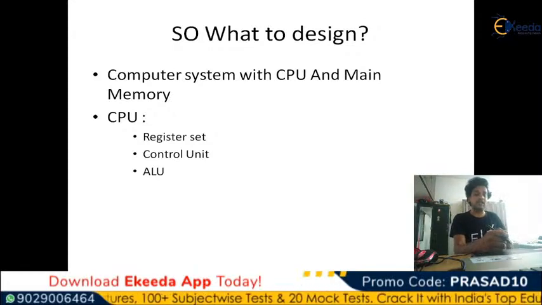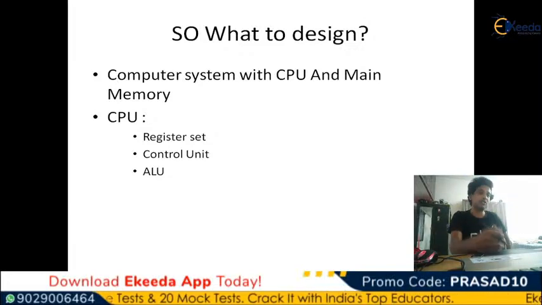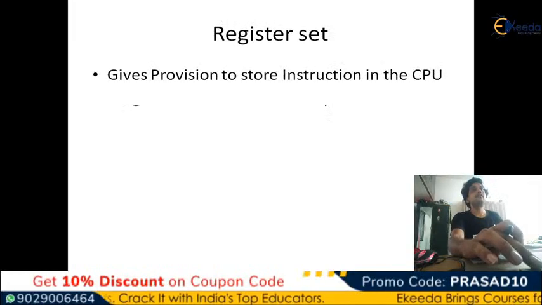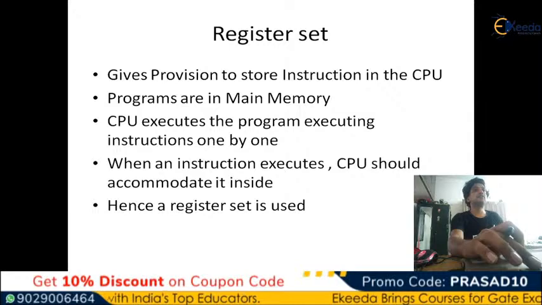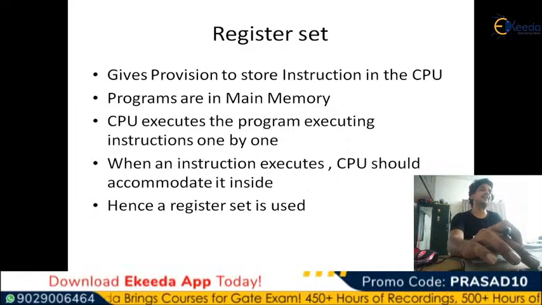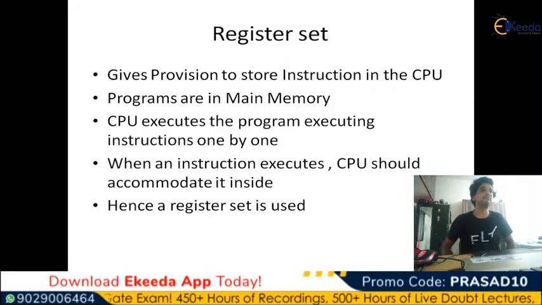Finally, the ALU is going to perform either an arithmetic operation or a logical operation. As you know, the register set is going to provide a basic storage provision within the CPU. Every time you execute an instruction, that instruction with its associated data should be residing within the CPU.